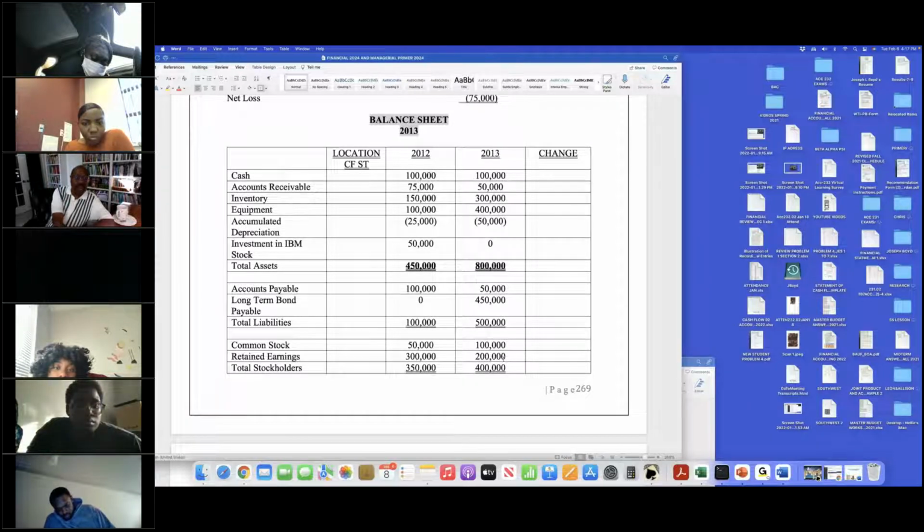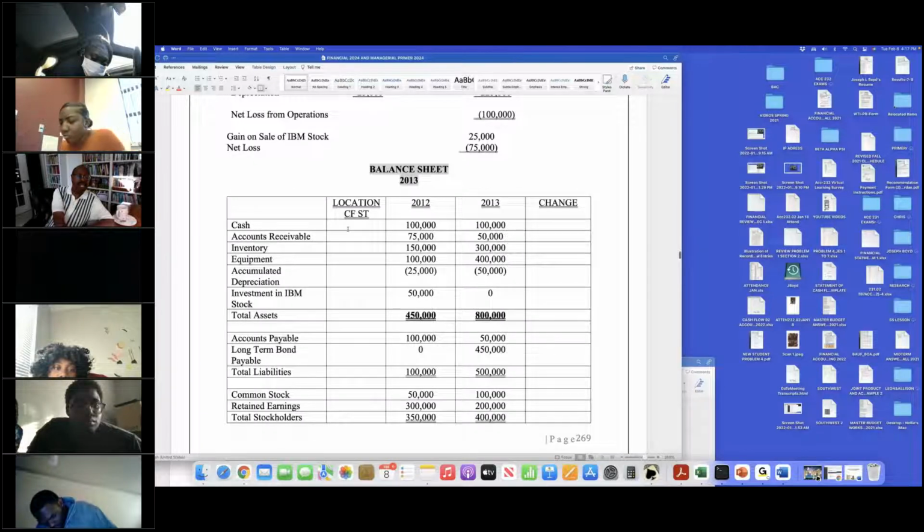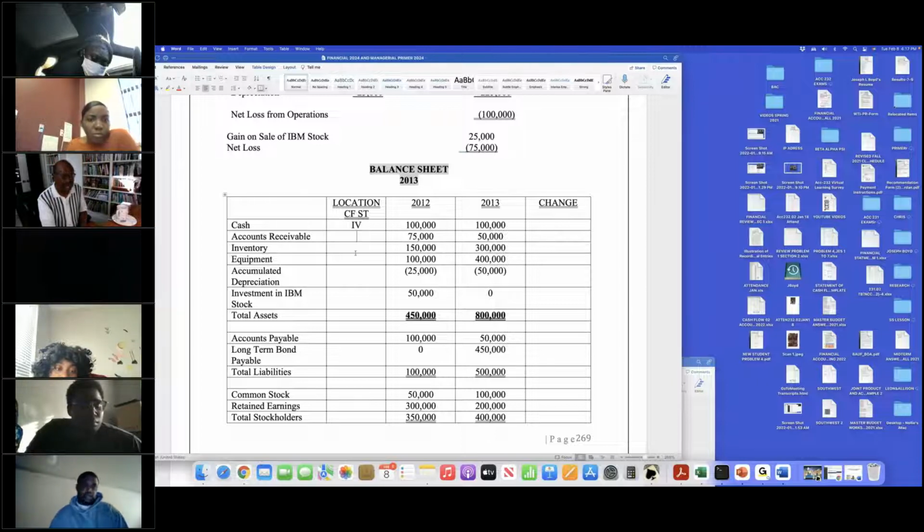I put the changes over here, then I put the location of the changes. So cash is always in part 4 of the statement. Okay? Accounts receivable is in part 1. Inventory is in part 1. Equipment is in part 2.